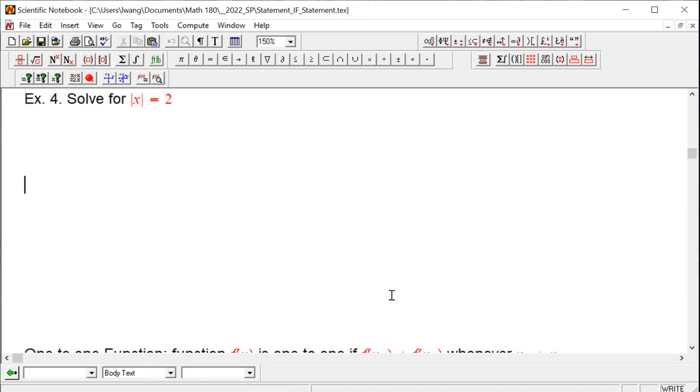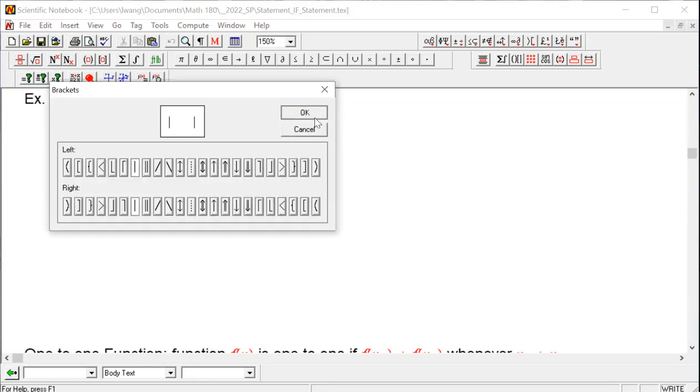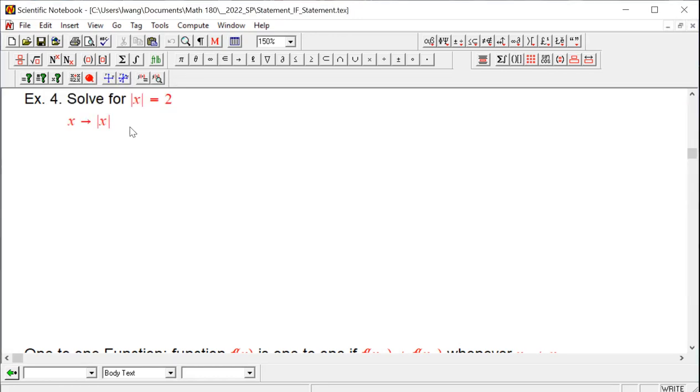All the solving-for problems are if statements. They're all connected with a function, right? And what is this function about? Well, this is basically telling us that the rule of the function is to take the input, take the absolute value of the input, and produce an output, and the output is 2.